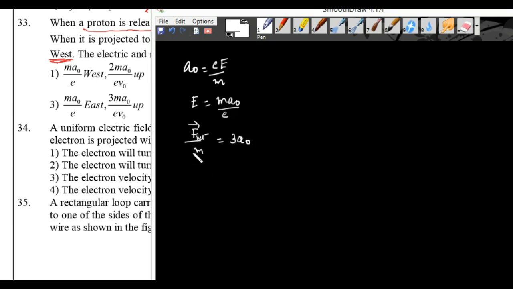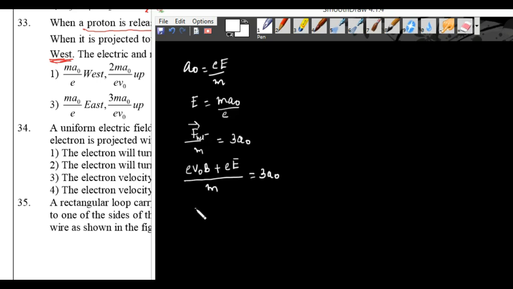Now both magnetic field and electric field were acting. So e v naught B is the force exerted due to the magnetic field, and eE is the force exerted by the electric field. Divided by mass, it is equal to 3 a naught.